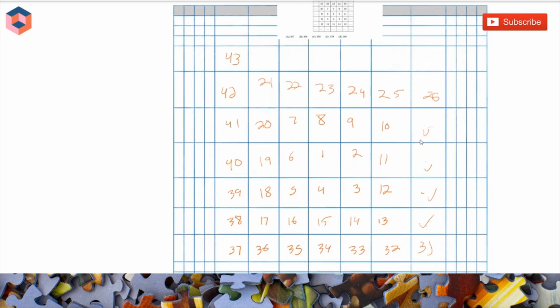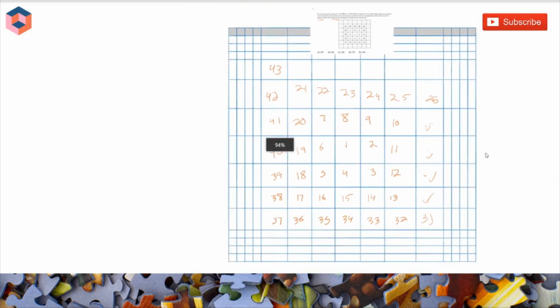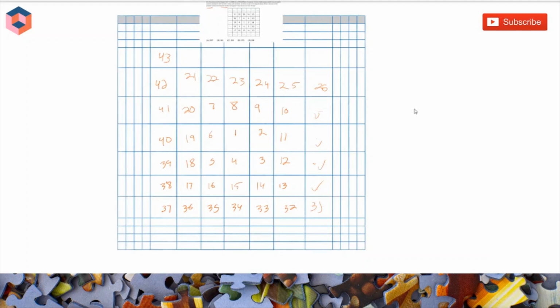I think this is enough numbers to try and find a pattern now. So notice that it would be nice if we could find a pattern along this diagonal right here. If we could find a pattern along that diagonal, we actually have some potential, because then we could be filling out this number right here, which would really help us solve this problem. So let's try finding the pattern.